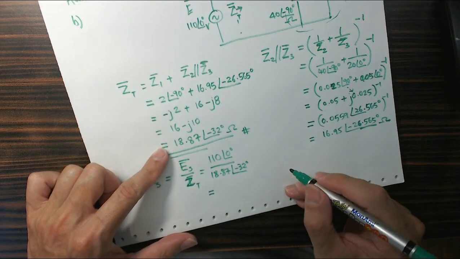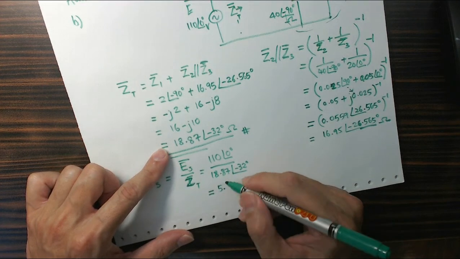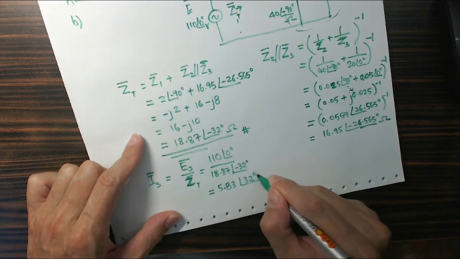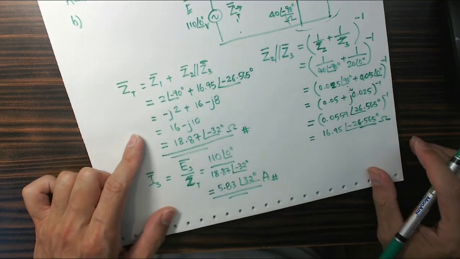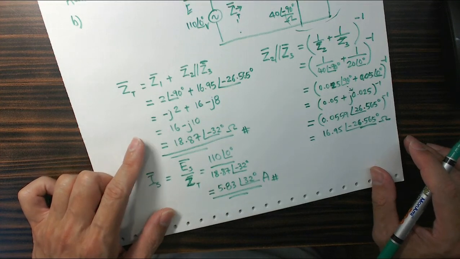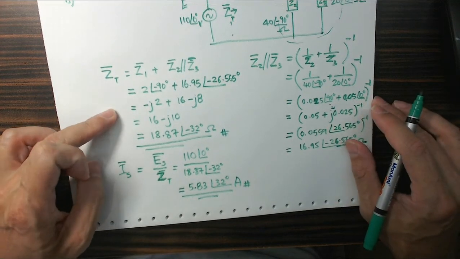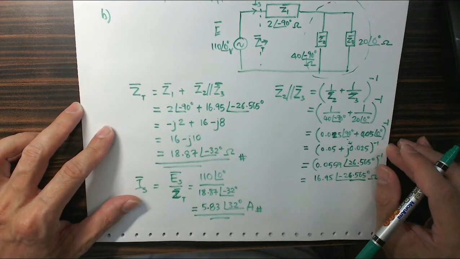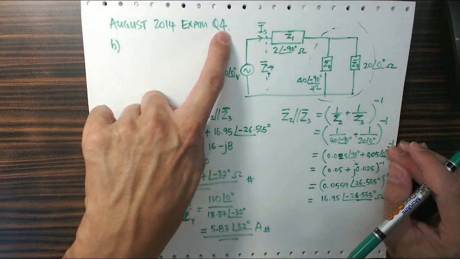That gives me 5.83 at an angle of 32 degrees amperes. So that's the answer for the total impedance and the current flowing in the circuit. This is part B, August 2014 exam paper, question 4, part B.